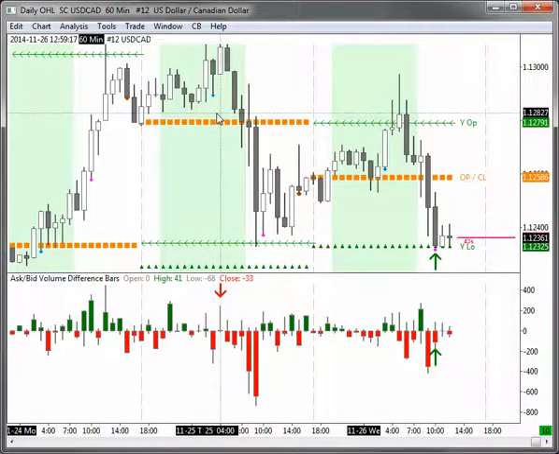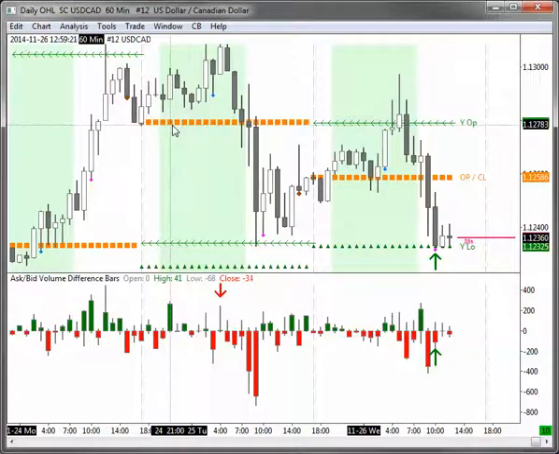Now, it doesn't always have to be at the previous day's highs and lows. I could also use it at the current day's open, which is the previous day's close. And if we don't quite make it up to either the previous day's high or low, or I see something happening on the chart, I could use it at, say for example, a trend line break.